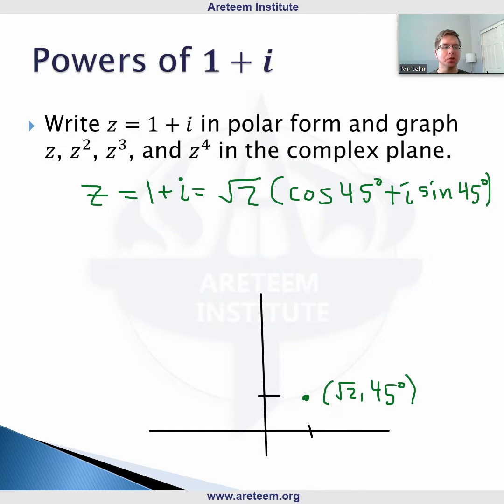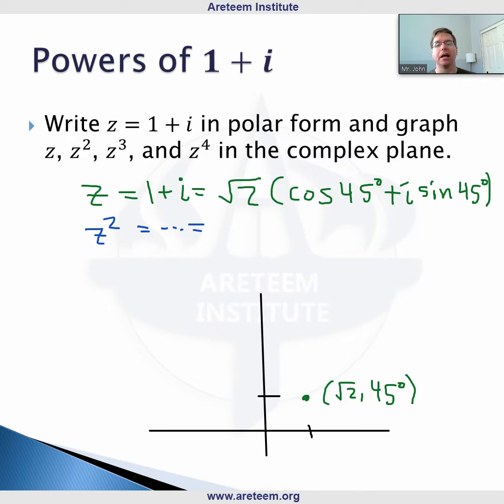Now, these numbers can be a little bit messy in rectangular form. So we're not going to focus so much on exactly what they are in rectangular form. You could calculate it when it's nice angles. You could do approximations if you have messier angles using a calculator. But using de Moivre's theorem, if we look at z squared, again, let's not focus on the rectangular form.